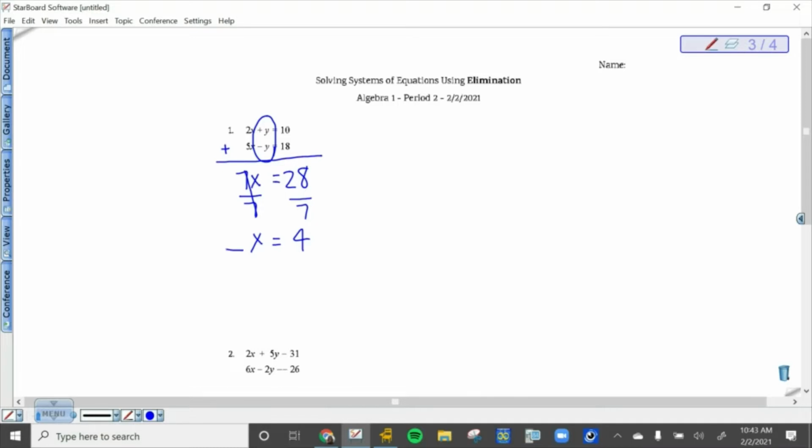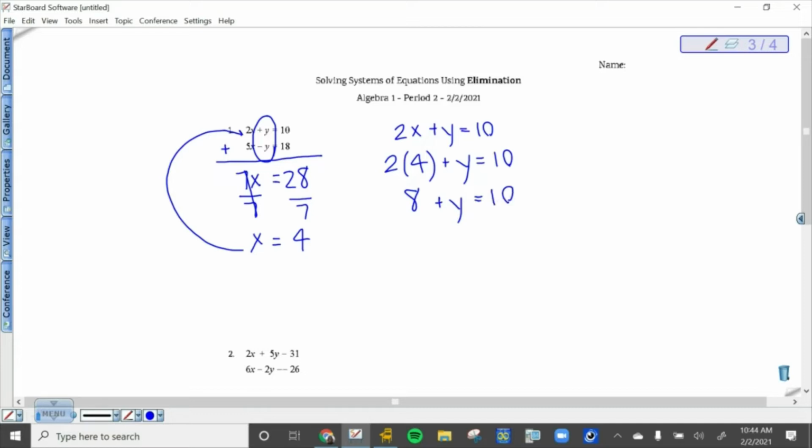And then we take that and we can plug it in to one of the original equations. So let's plug it into 2x plus y equals 10. But instead of x, I'm going to write 4 this time. So 2 times 4 plus y equals 10. 2 times 4 gives me 8 plus y equals 10.